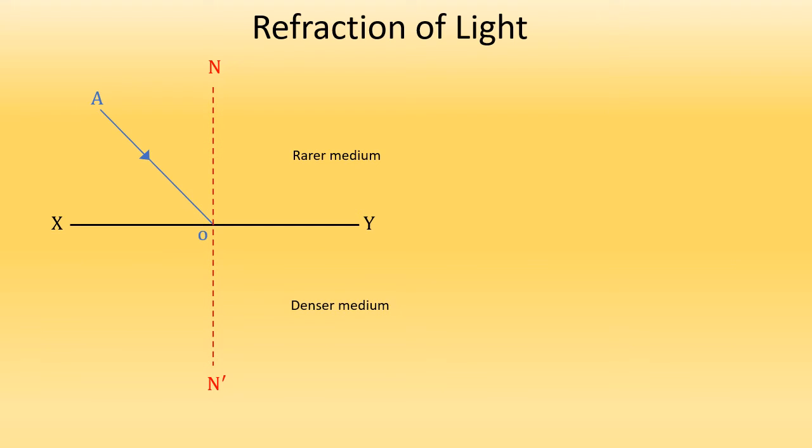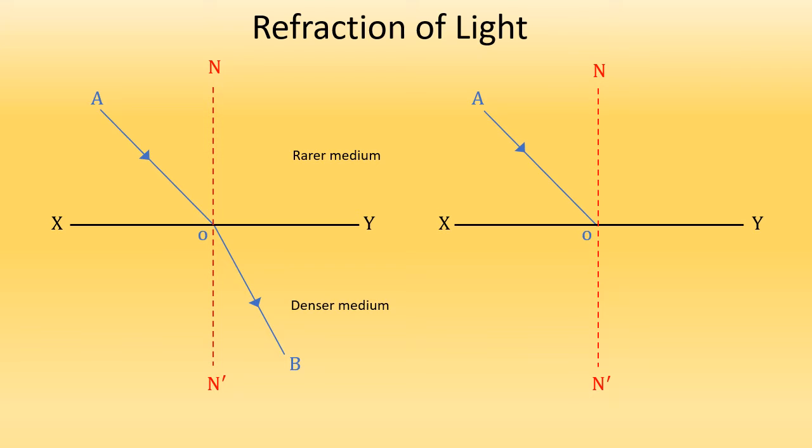Then what happens? A ray of light travels from rarer to the denser medium. The refracted ray bends towards the normal, that is OB is the refracted ray. Similarly, when light travels from a denser medium to the rarer medium, it bends away from the normal.